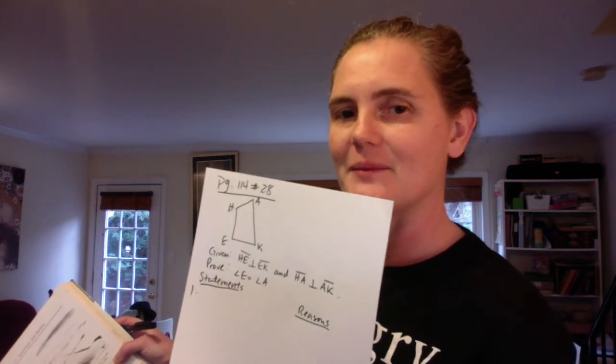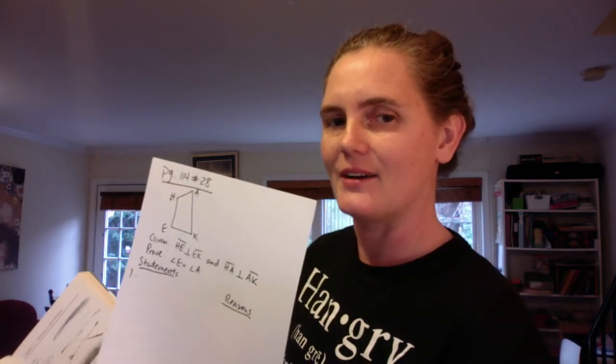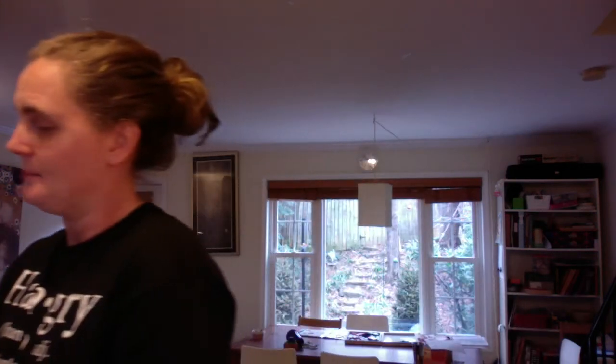Okay, number 28 is this quadrilateral HEAK. Oh, it's kind of fish. Were they all fish on that page? They were. I didn't even notice that till right now.